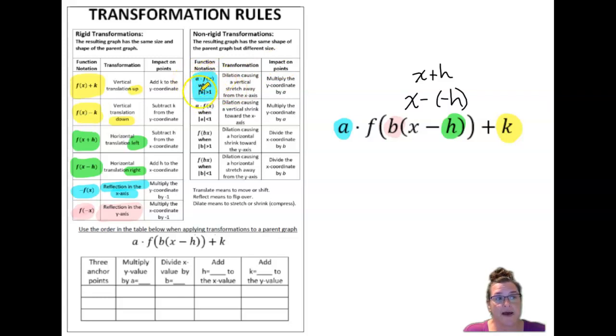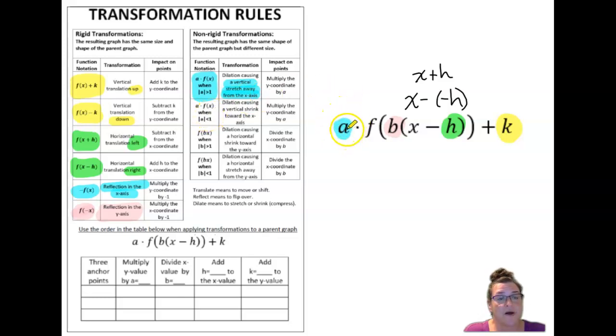So whenever you have an absolute value of a greater than 1, that's going to be a vertical stretch away from the x-axis. And if your a is an absolute value less than 1, remember this is absolute value, so it doesn't matter if it's negative, only the absolute value of it.